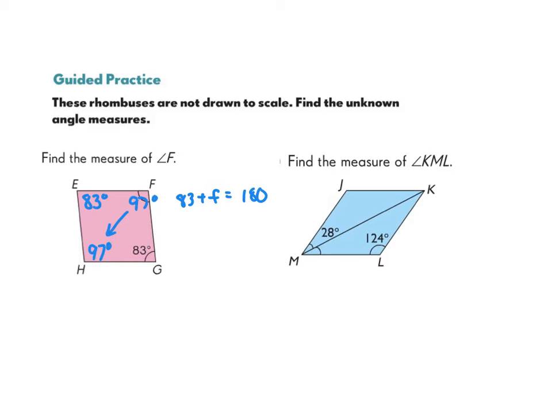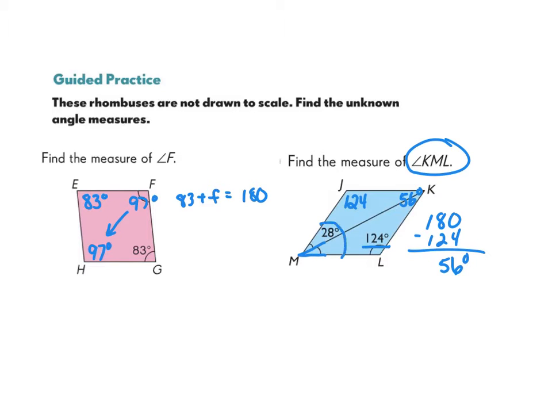Okay, same thing here. If this is 124, then the opposite angle is 124. Now this wants to know what KML is. That's this one. We can do that though, because if we subtract 124 from 180, we will get 56. So this whole thing is 56 degrees.